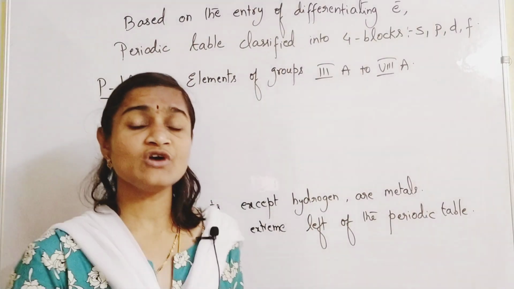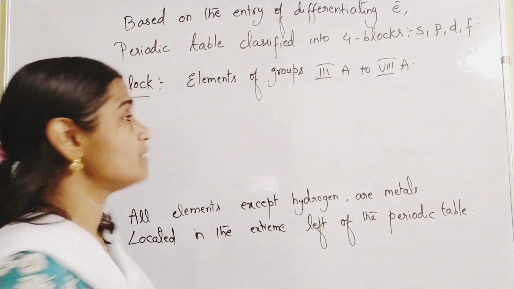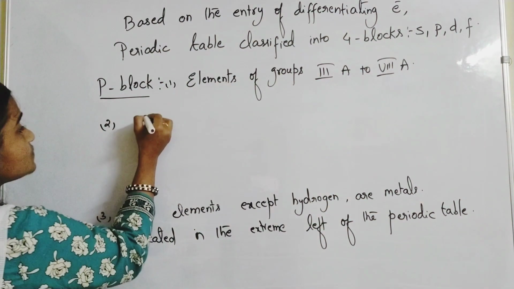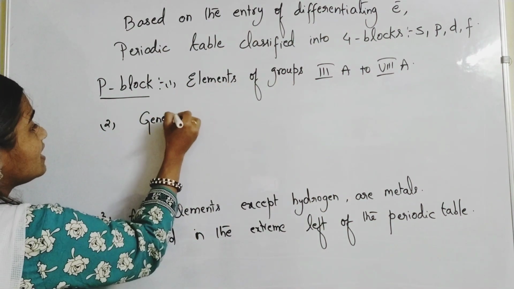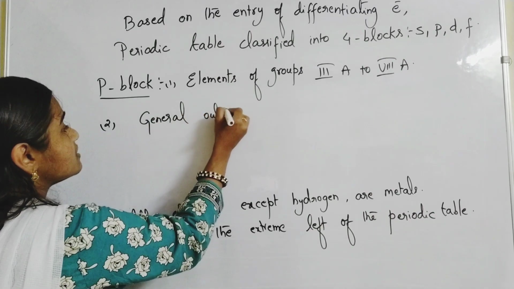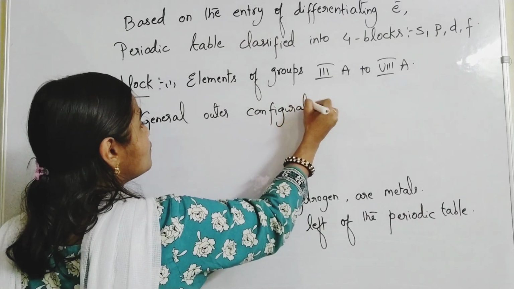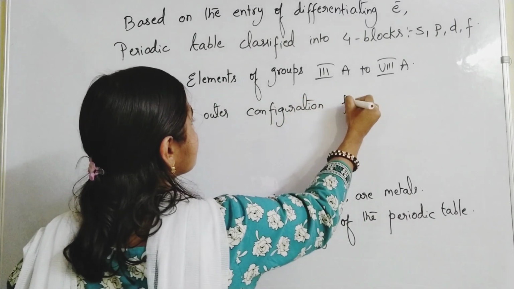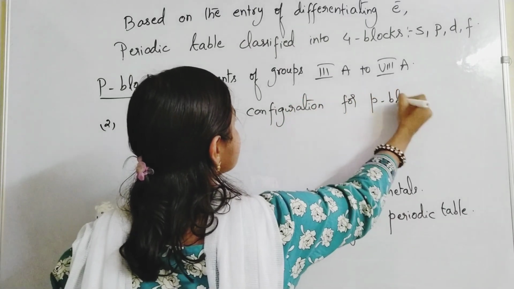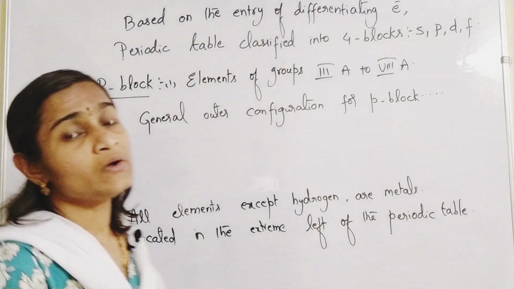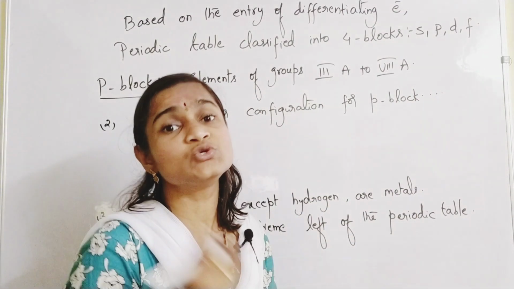So they have a general outer configuration. General outer configuration for P block elements: if you go for boron family, ns2 np1.